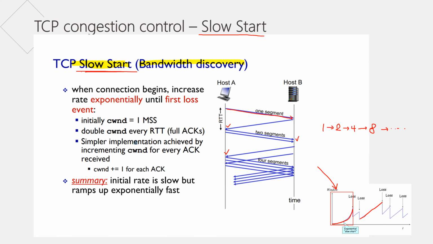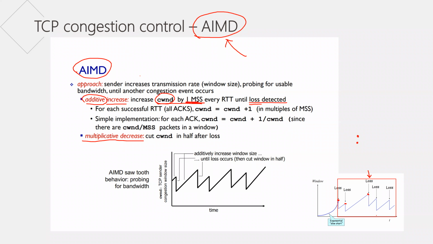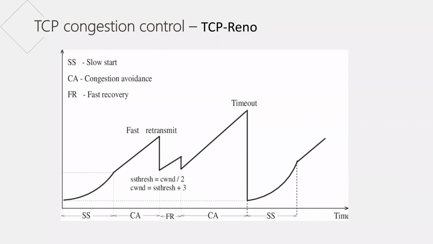Anyway, we want to combine these two methods, the first one slow start and the second one AIMD, to build a better algorithm, a better way to avoid congestion. So how can we do it? Now here we introduce the first TCP congestion avoidance method. Let's call it Reno. So it combines 2 things.